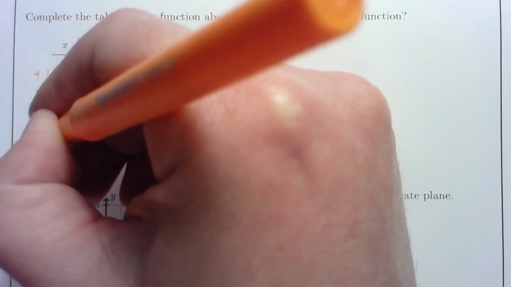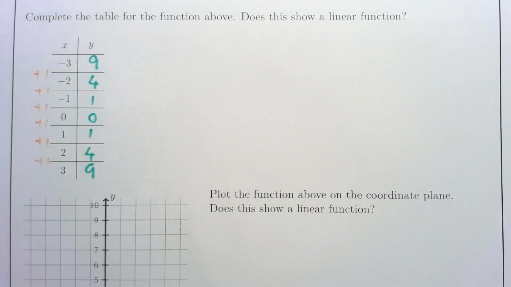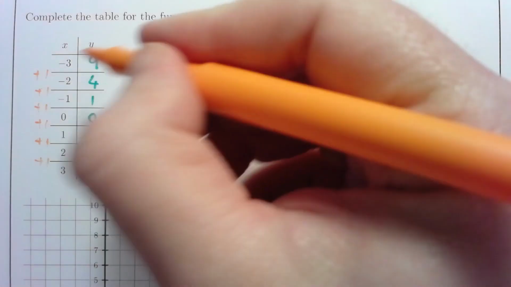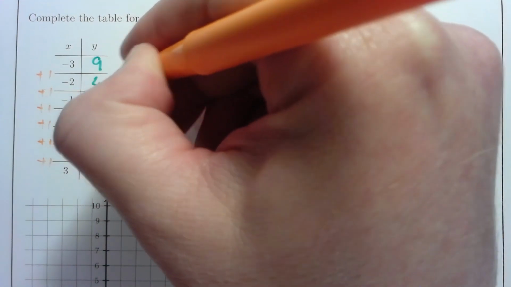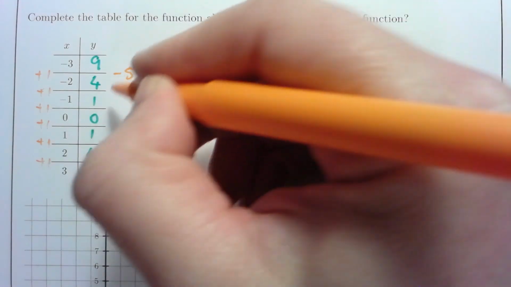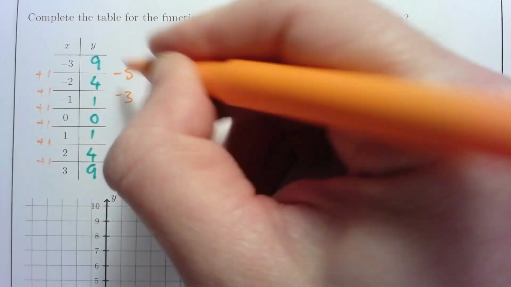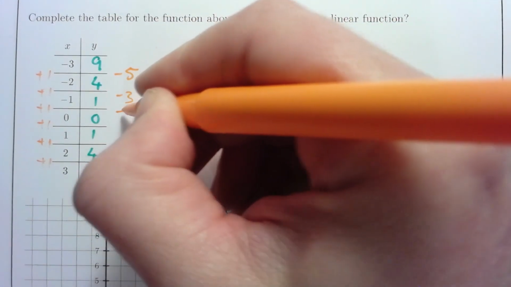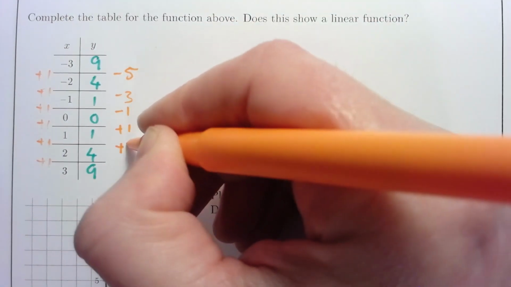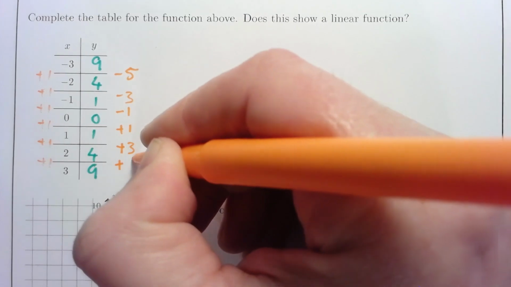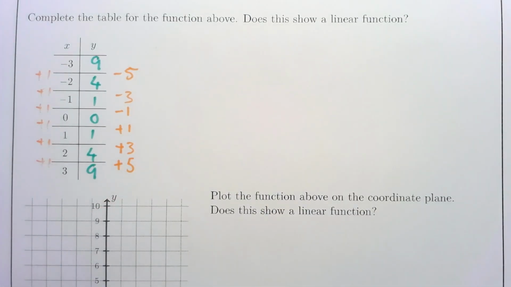And in fact, all of these, unlike the last table, are adding 1. Let's look at the changes in y though. From 9 to 4, we're subtracting 5. From 4 to 1, we're subtracting 3. From 1 to 0, we're subtracting 1, and then we're adding 1, and then we're adding 3, and then we're adding 5.